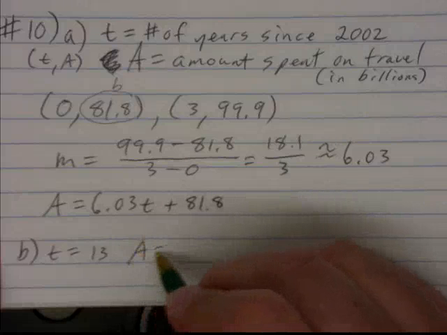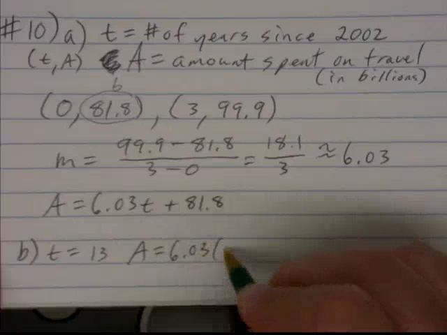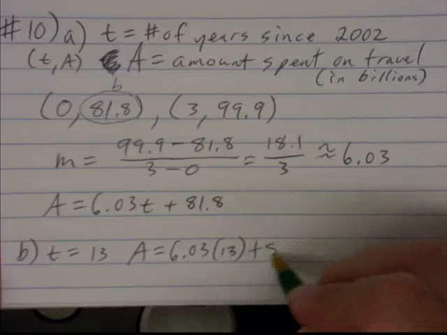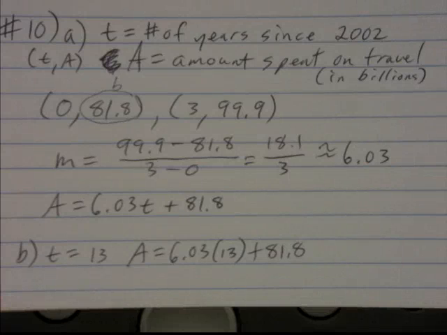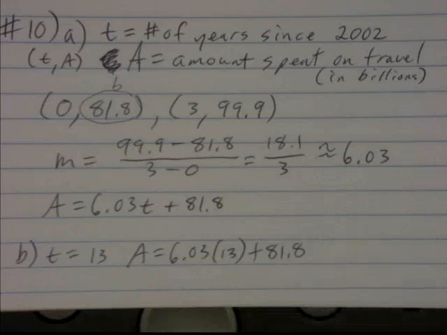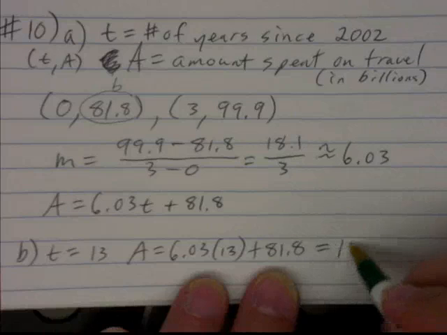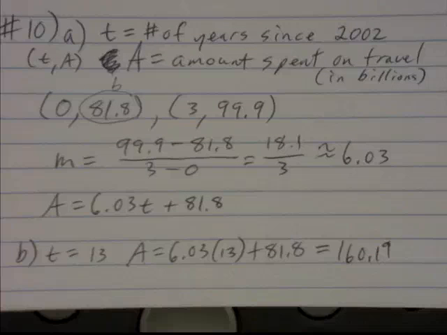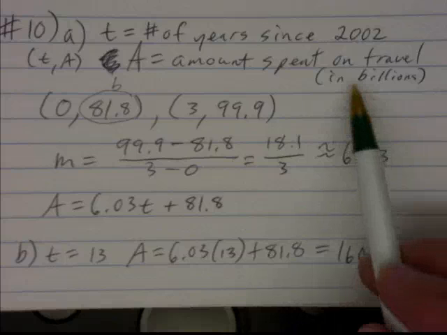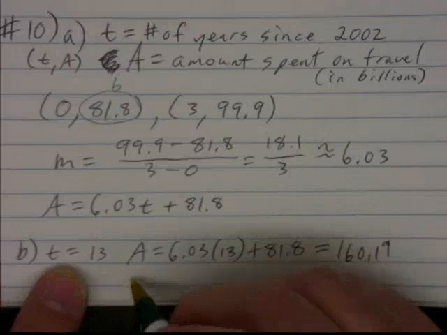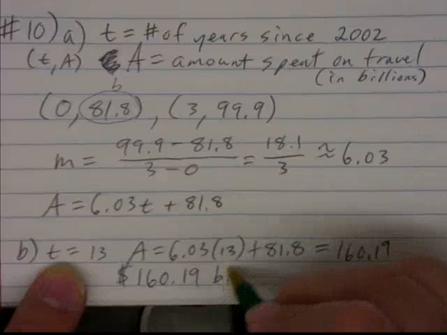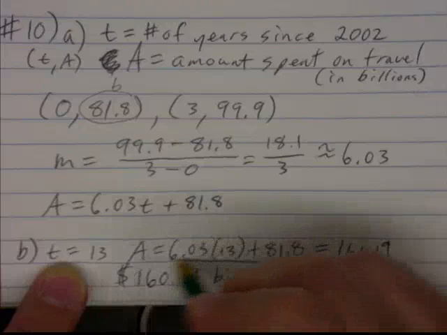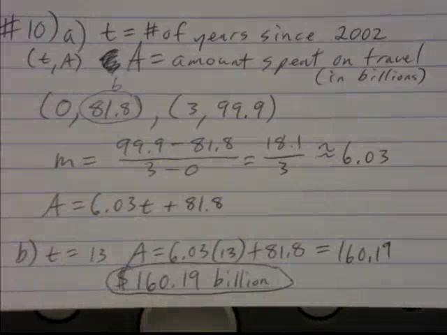And I'm just going to plug that 13 in, 6.03 times 13 plus 81.8. 6.03 times 13 plus 81.8 gives me 160.19. So remember, that is in terms of billions. So my answer would be $160.19 billion. In that year.